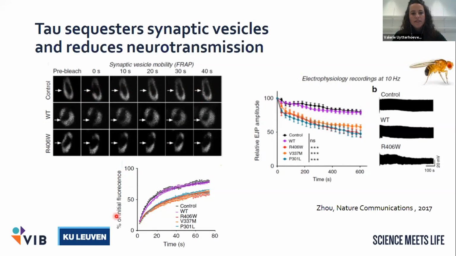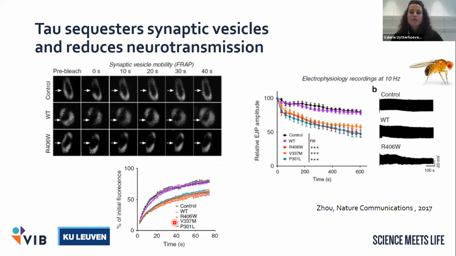And as you can appreciate here from the quantification, different tau mutants, the P301L, the V337M, and the R406W tau mutant, the recovery of fluorescence over time is much slower compared to boutons expressing no human tau or wild type human tau, showing then that synaptic vesicles in tau mutant neurons are less mobile compared to synaptic vesicles in control boutons.